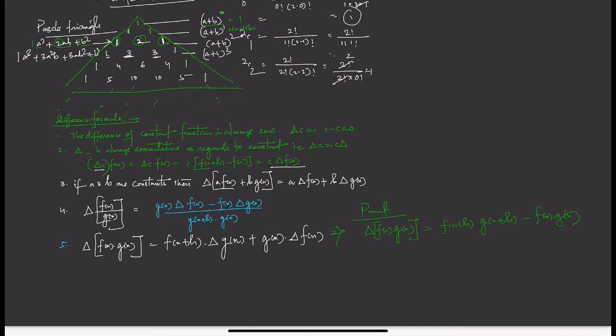Now we can introduce g of x into f of x plus h, adding and subtracting it. Then f of x plus h is common, so we take it common: g of x plus h minus g of x.